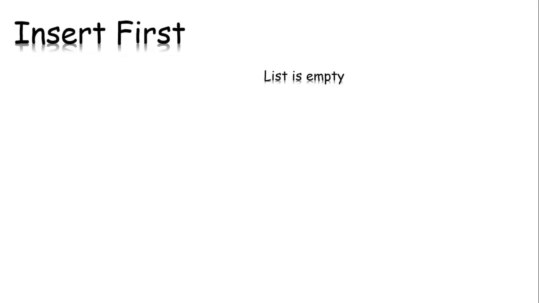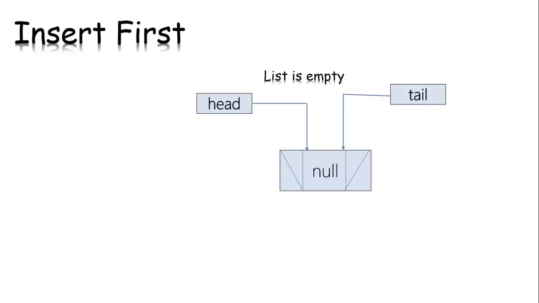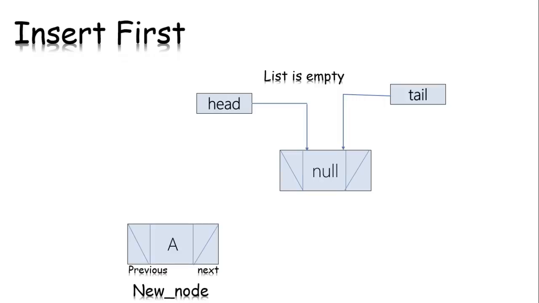Now let's see how to insert a node in the beginning of a doubly linked list when the list is empty. When the list is empty, both head and tail point to null. If you wish to insert a new node, pay attention that the new node has two pointers, previous and next.